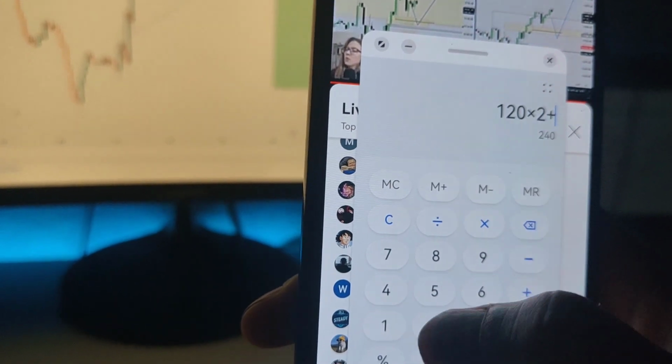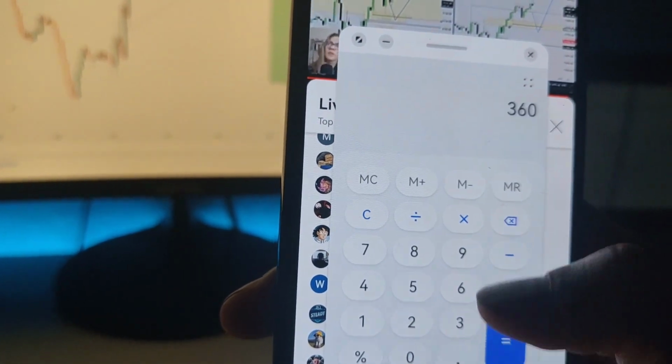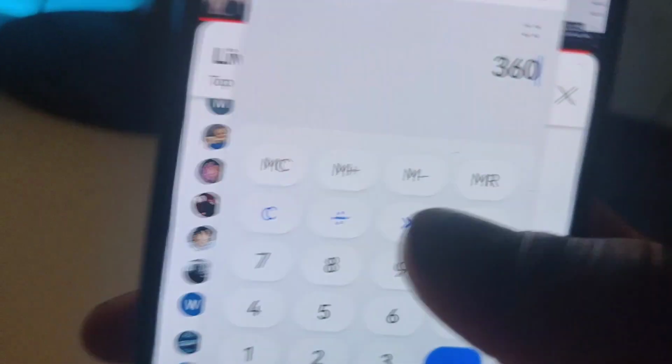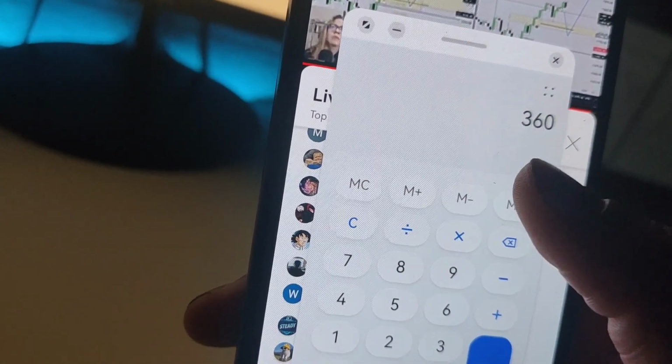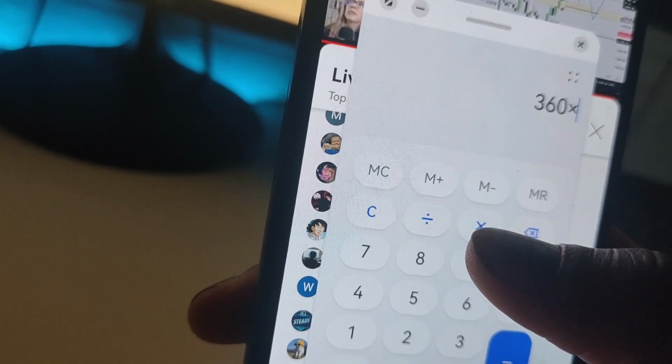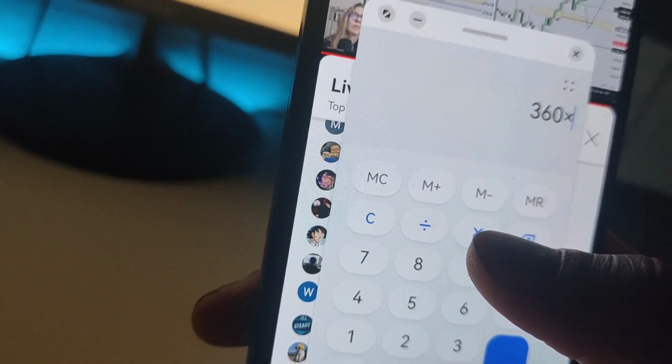Then you need to add the original $120. So after two trades, you have gone from $40 to $360. And this is the first stage. And you have 4 more stages to go.